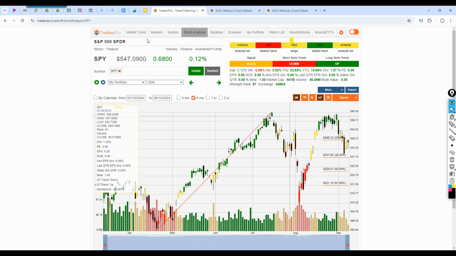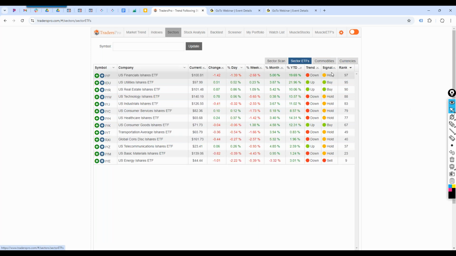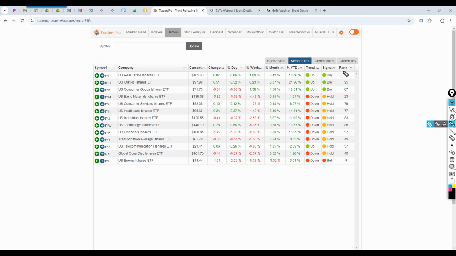Let's look at the sectors, because we're getting this. I like to use this perspective on sectors because it just adds to the confirmation of the strength of the market. When we have a market that looks like this, then that essentially looks just like that S&P 500 chart.